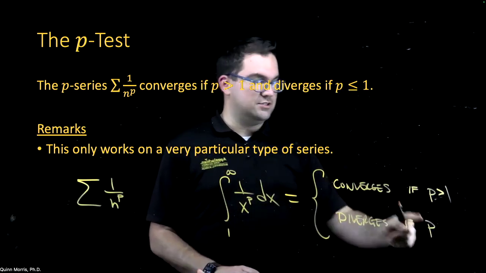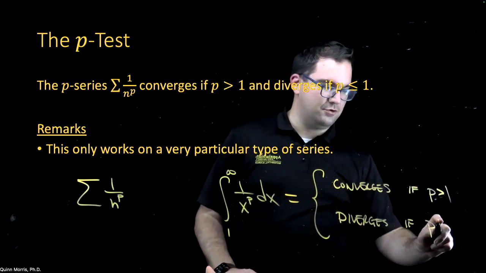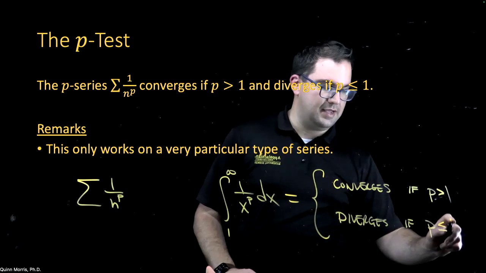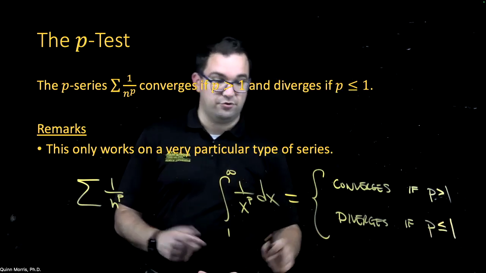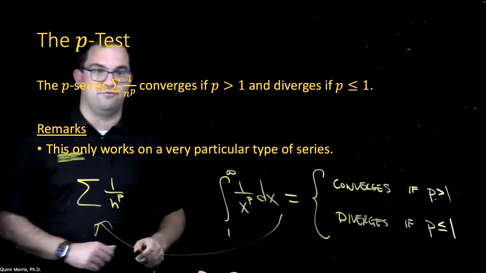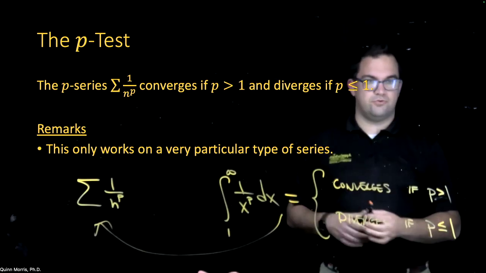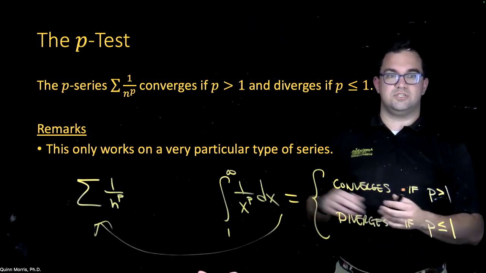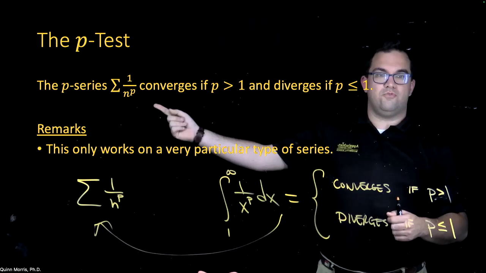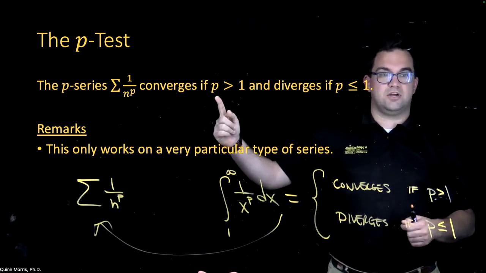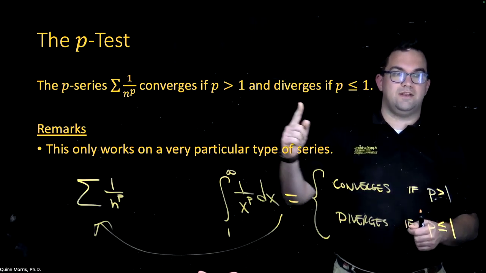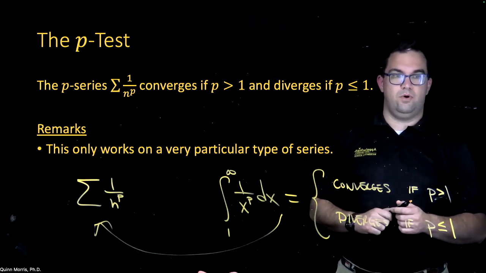So it converges if p is strictly greater than 1, and it diverges if p is less than or equal to 1. Well, the integral test tells us the same must be true over here then. Okay, and so the p-test, which we'll refer to quite a bit moving forward, just says, if I have the series 1 over n to some power, that's going to converge if p is greater than 1 and diverge if p is less than or equal to 1.